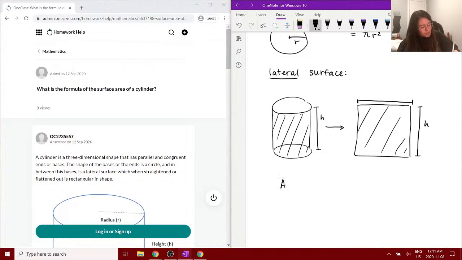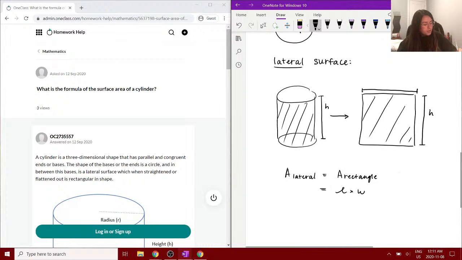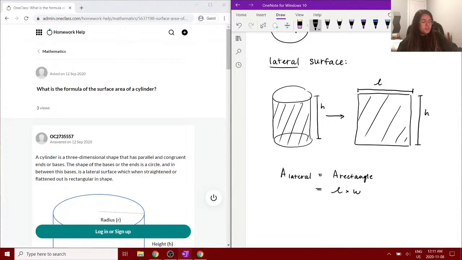I'll just write here, the area of the lateral surface is equal to the area of a rectangle, which we see in the drawing. And we know that the area of a rectangle is just length times width. So like I was saying, we need to figure out what this length is.